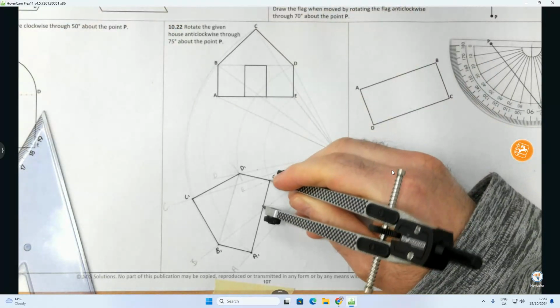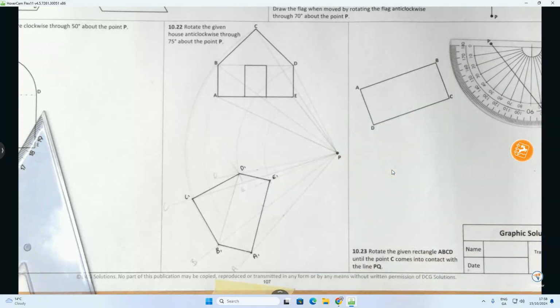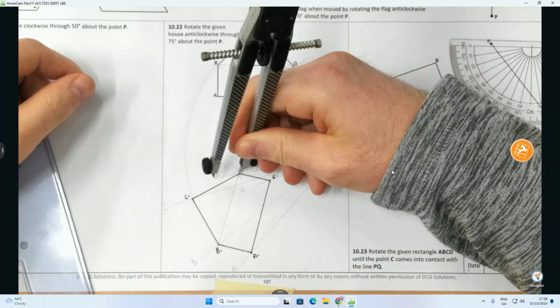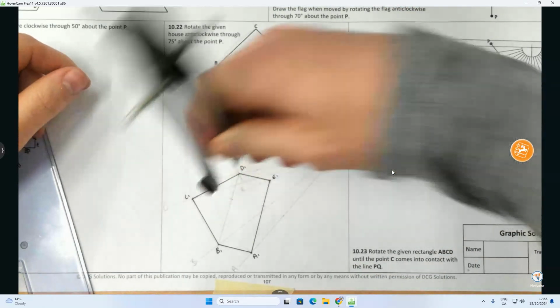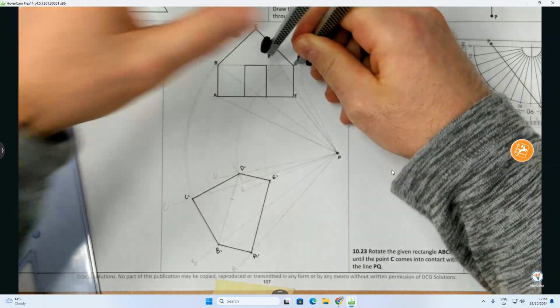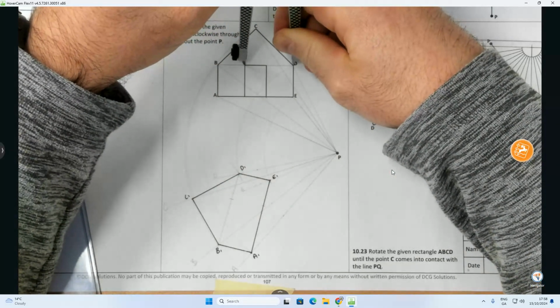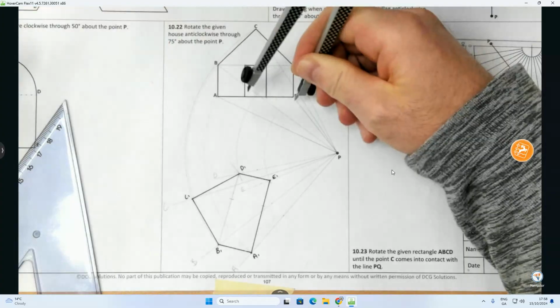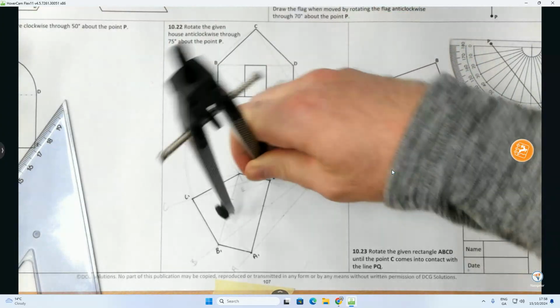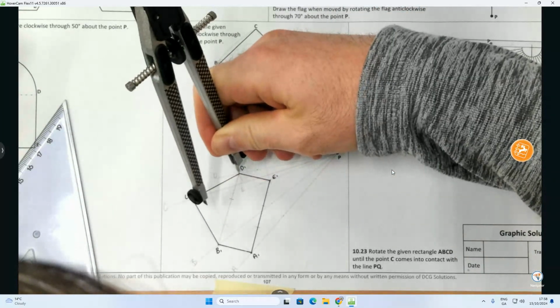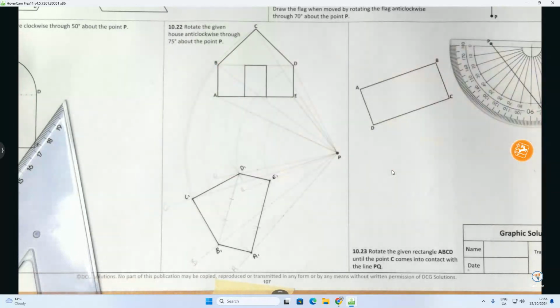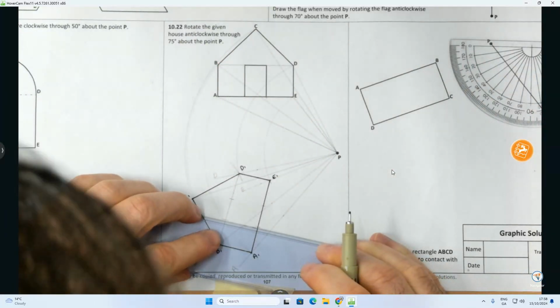From E1 here, mark it in. I'm also going to do the same from D, mark it in. And now I'm going to take the distance from D to the other side of the door, which is the same as E. I'll mark them from the same positions, there and there. And that there will be our door then.